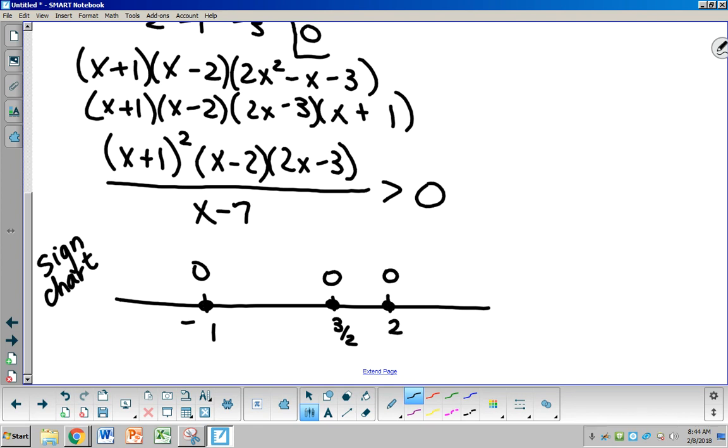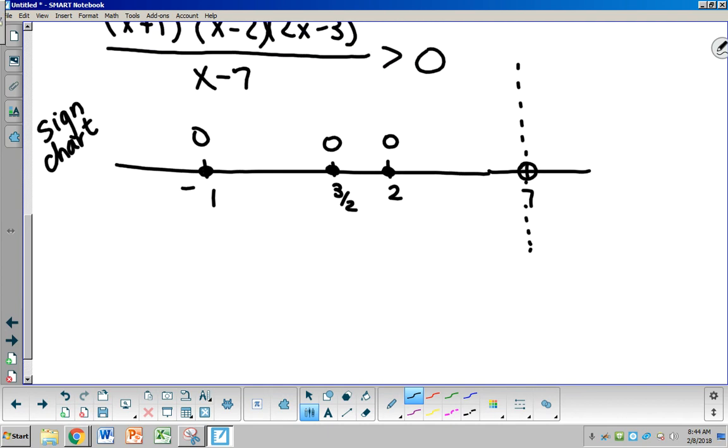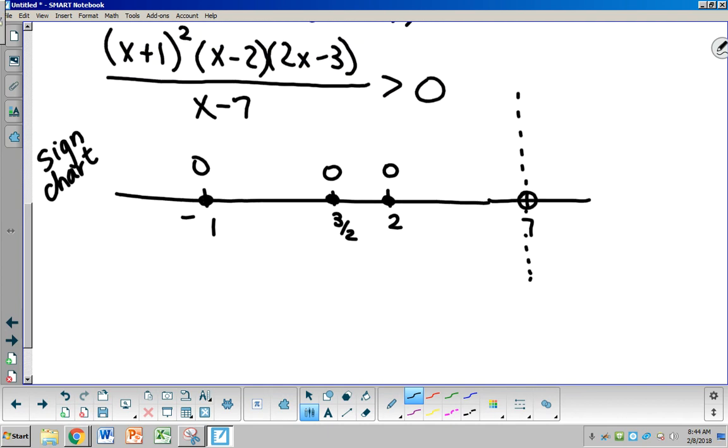And what is our asymptote? 7. Okay, I'm going to do the denominator first again, because what is that shape?